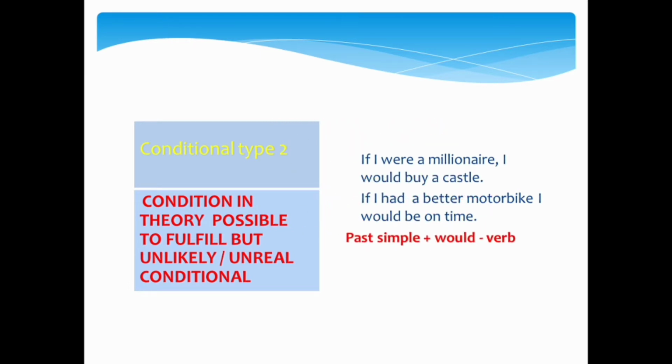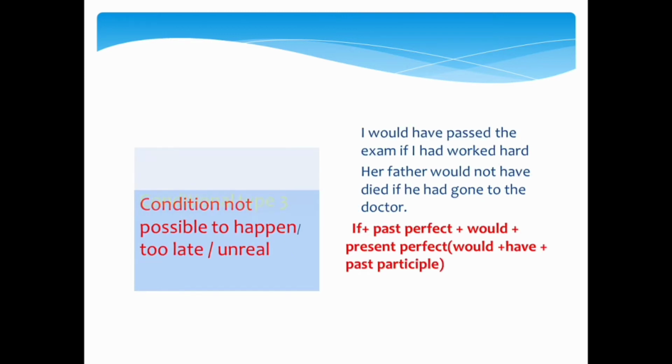The structure is if plus past simple plus would plus verb, because this condition is in the past. We talk about the past, something which happened in the past, but it's possible to be real in the present or in the future.